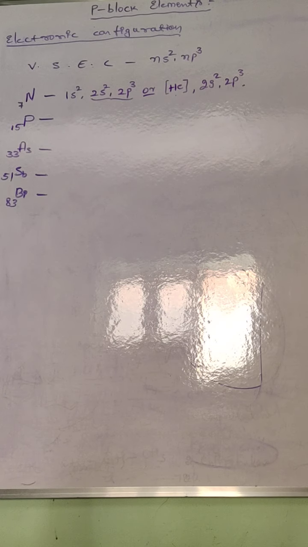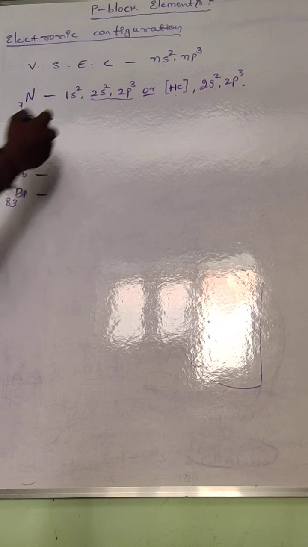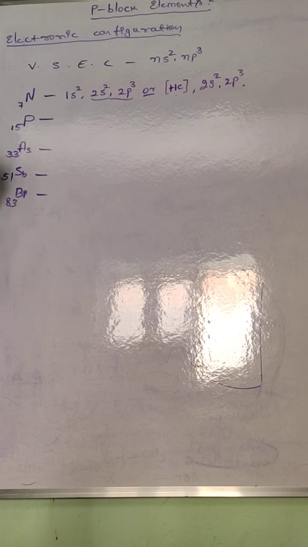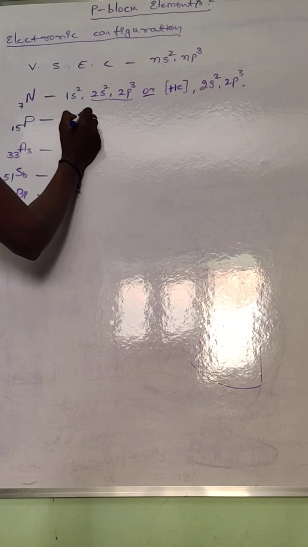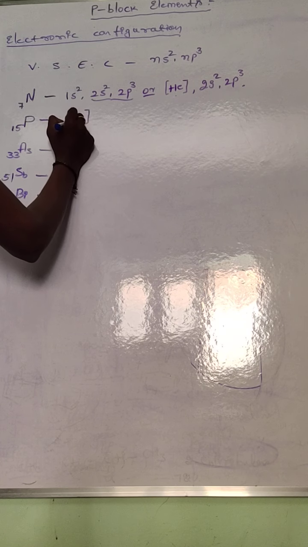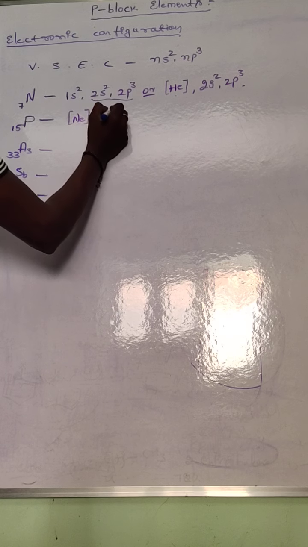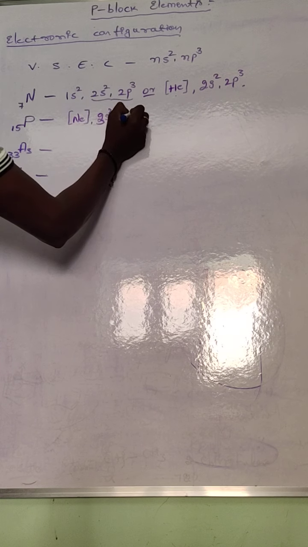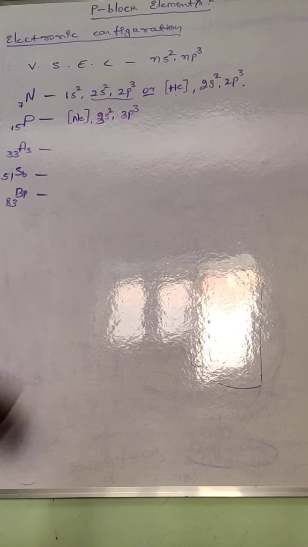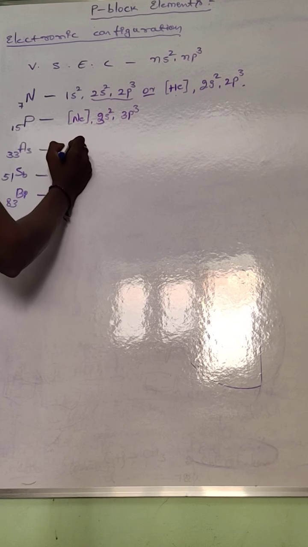In phosphorus, after helium, neon 10, then 3s2 and 3p3. Then one more is indicated by argon.